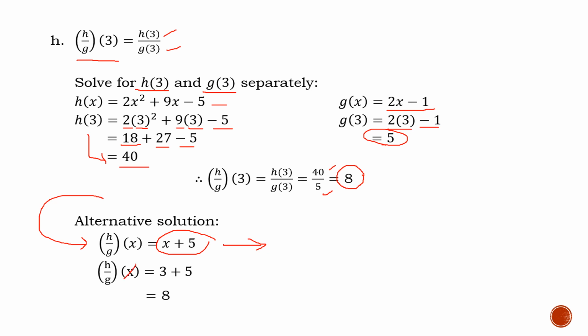So there's an error here, so we need to put 3 here. So h over g of 3 is equal now to 3 plus 5. So 3 plus 5 is equal to 8. It's the same value from our first way on how we solve this h over g of 3.